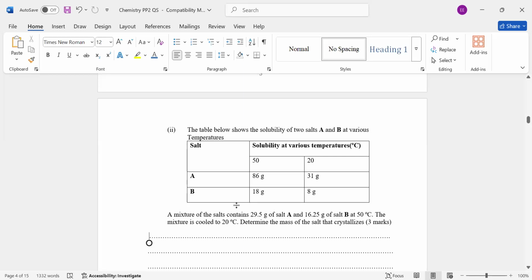The salt that is going to crystallize will be salt B. And it is 16.25, and what is needed for it to crystallize is 8. So the mass of the salt that will crystallize will be 16.25 that has been given, and then you subtract this 8 grams.